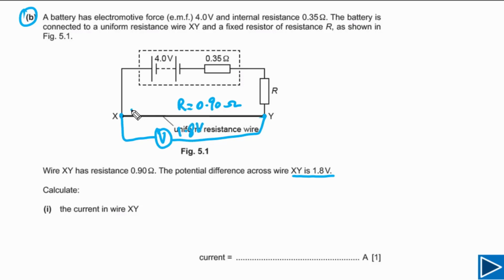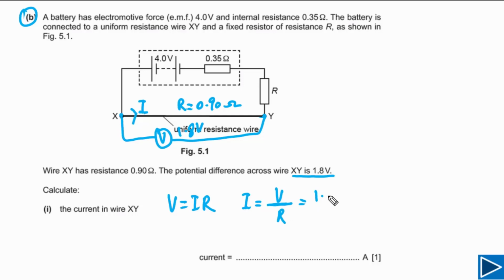Now the question is asking us to find out how much current is passing through this wire. Very straightforward one. Simply we need to use Ohm's law. We will say V is equal to IR. V is the potential difference across the wire. So from here we can say I will be equal to V over R, where R is the resistance of the wire.